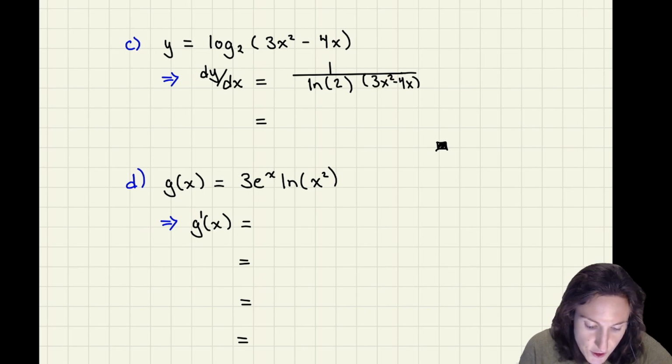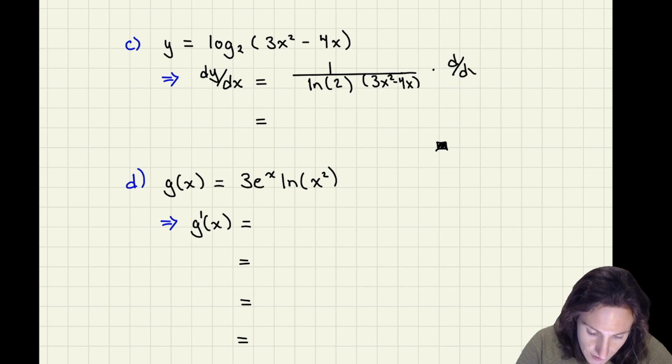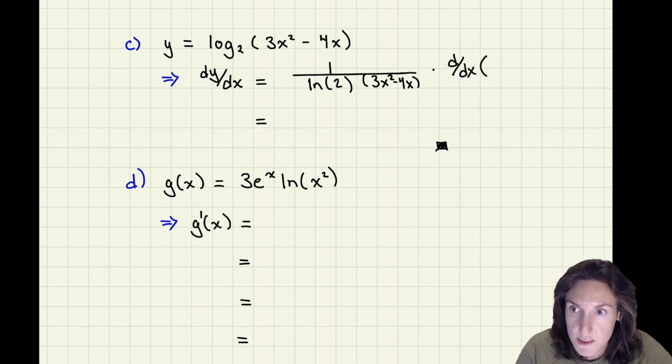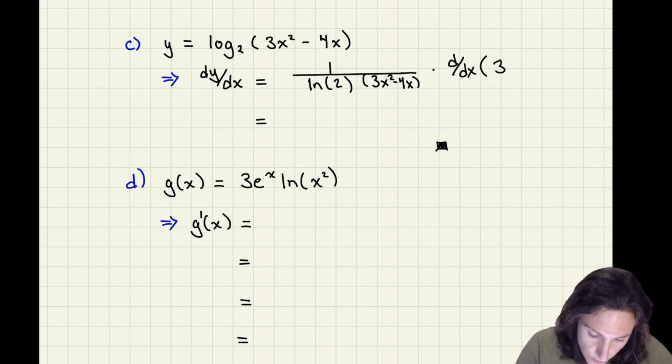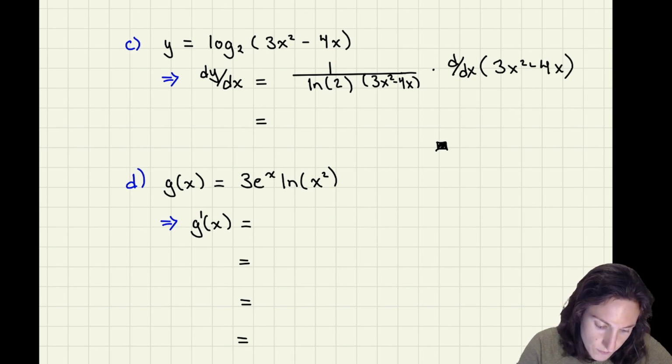But because this isn't just x, when I do chain rule, I have to go d dx of the thing that was inside my logarithm. So 3x squared minus 4x. Sorry, that should be minus.